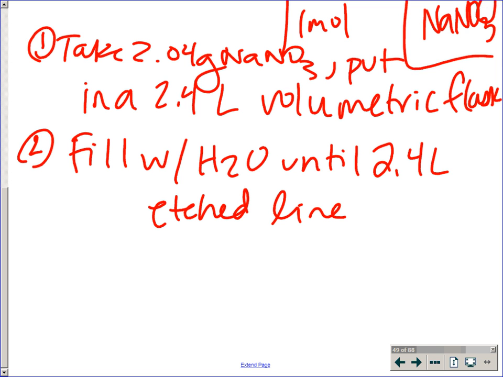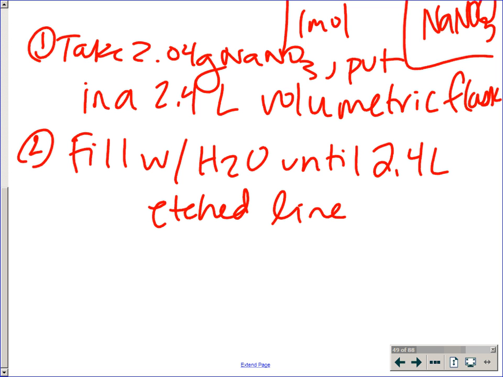Okay, I'll provide you with another scenario. Ready? I'm going to write down the details because I'm going to forget what I said again. I want you to prepare a 100 milliliter sample of a 1.2 molar sodium chloride solution.